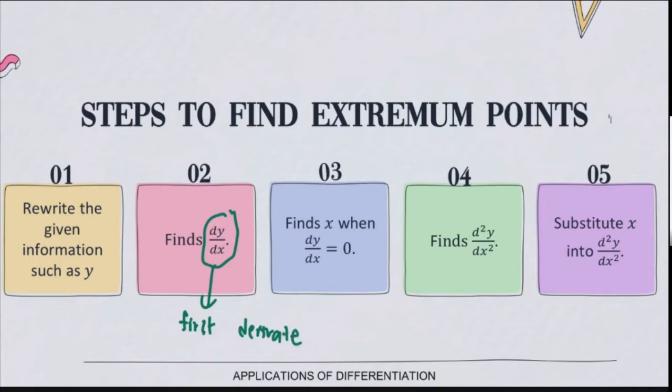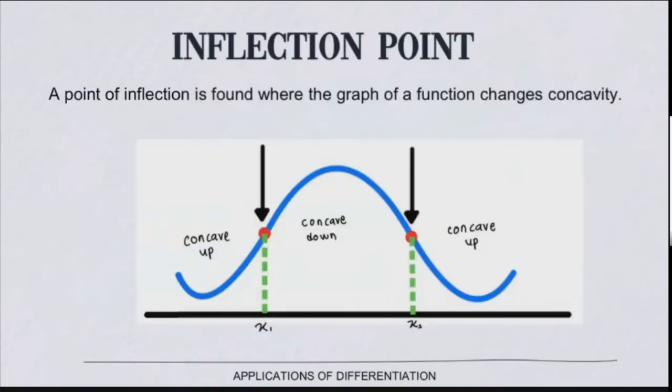And for d²y/dx², we can call it the second derivative. Let's proceed with inflection point. Can someone volunteer to read? A point of inflection is found where the graph of a function changes concavity.